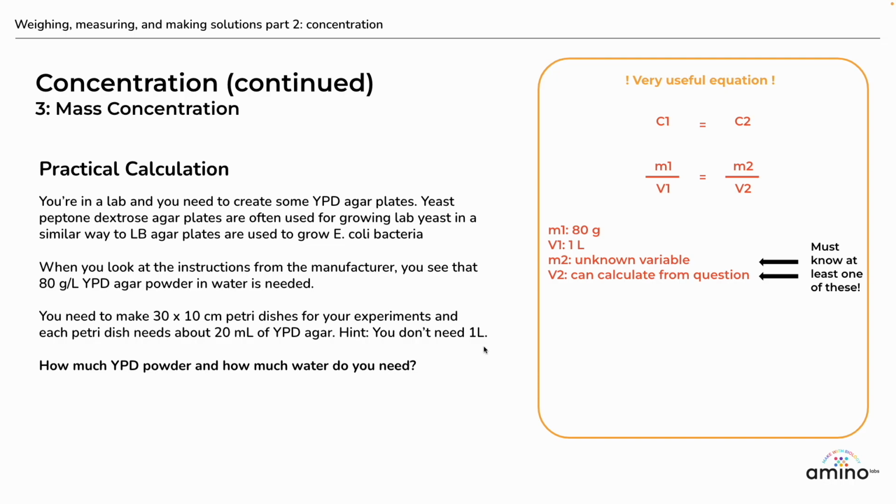Okay, so here is a very useful equation. You know we've been talking about C equals M over V. What you can do is a concentration equivalence, where you say, let's say I want concentration 1 to equal concentration 2, but maybe you've got slightly different mass or volume.